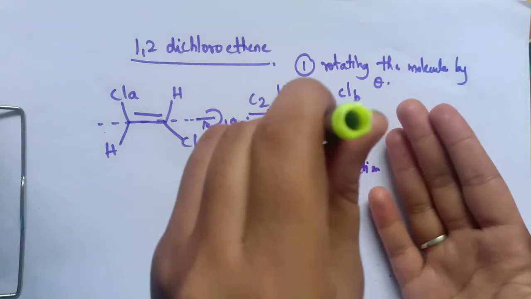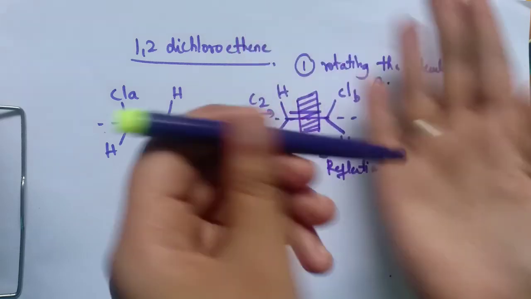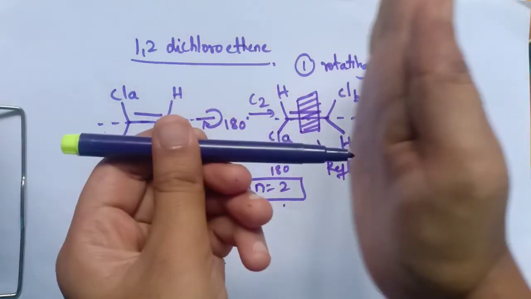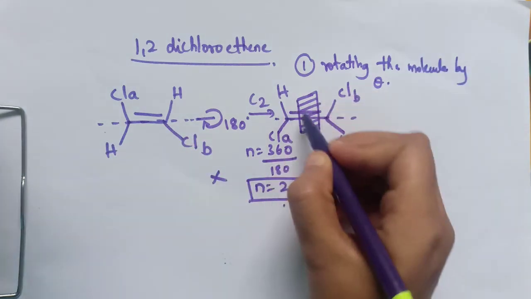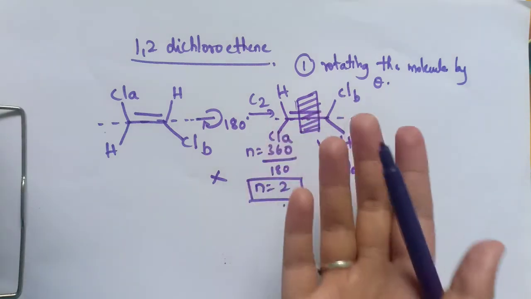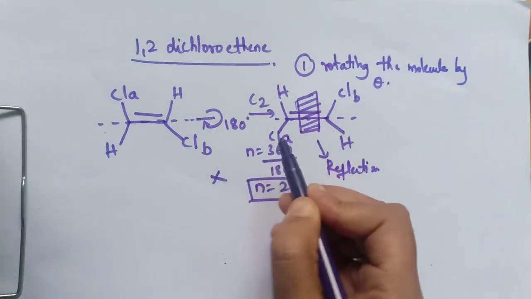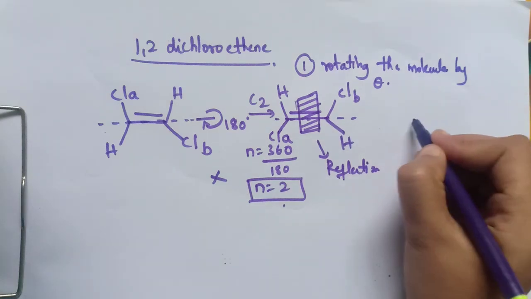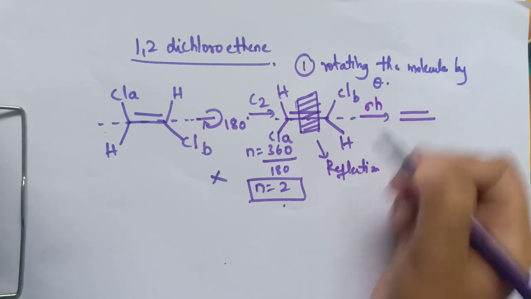If you are passing the rotational axis like this, this will become the perpendicular. So it is a perpendicular plane for this. Now in reflection, what happens is, this will be seen here and this will be seen here, this will be seen here and this will be seen here. So that is sigma h.